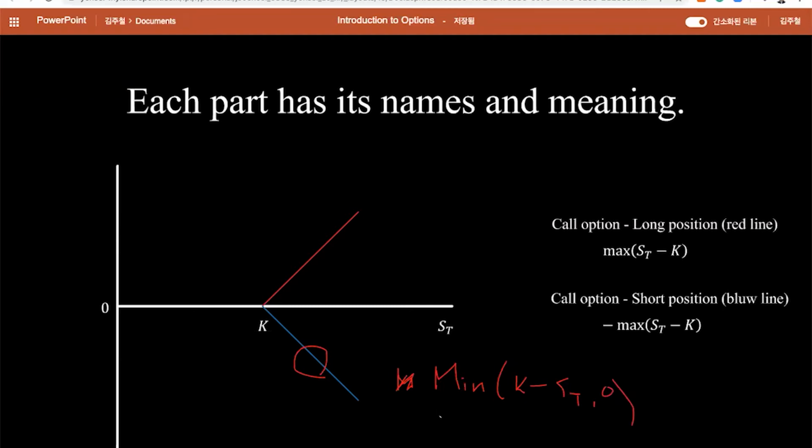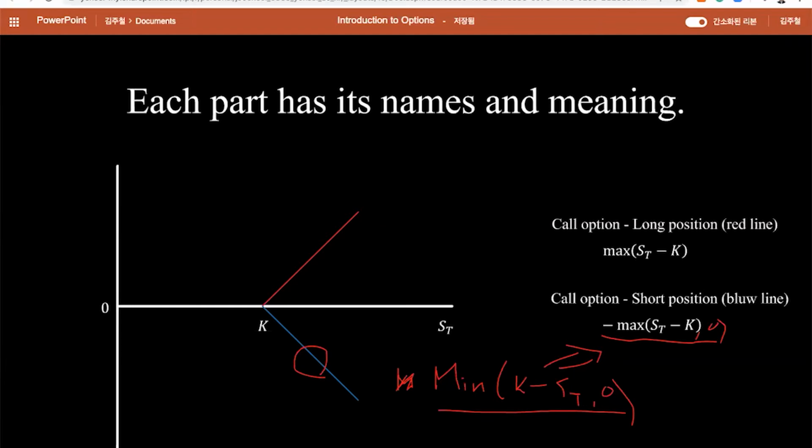But if you are trying to modify this one, actually this one is equal to this one. Of course, there should be a 0 here. So you can show that these two are equivalent.